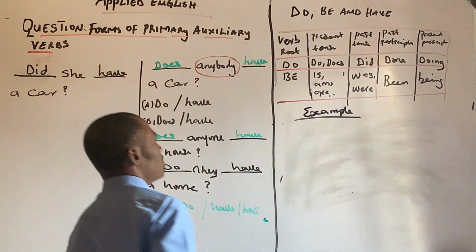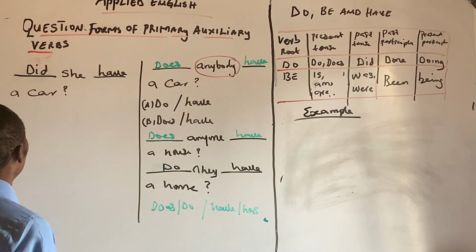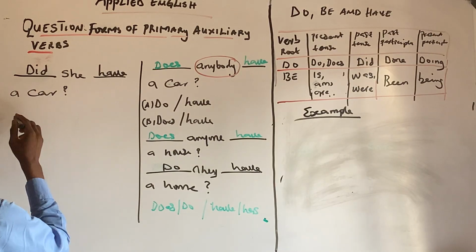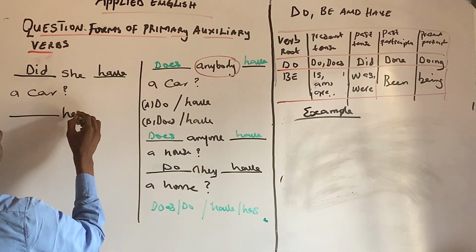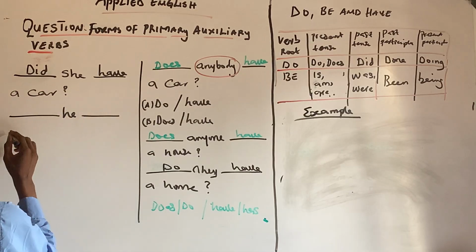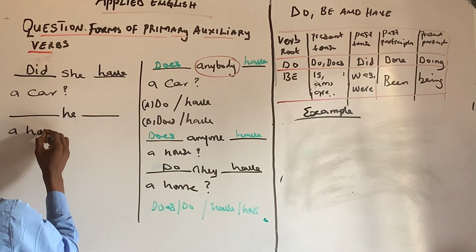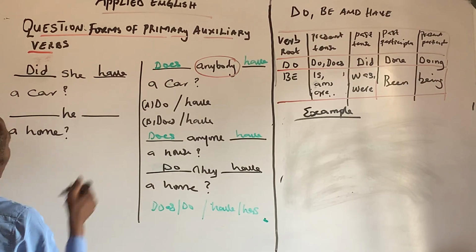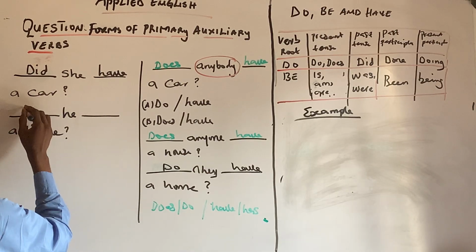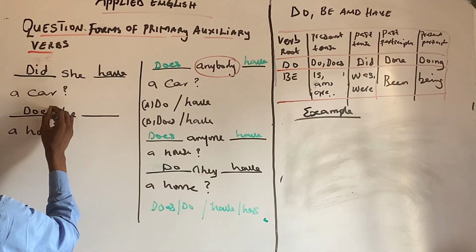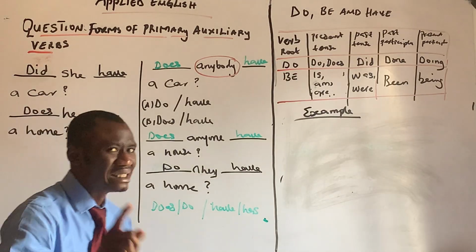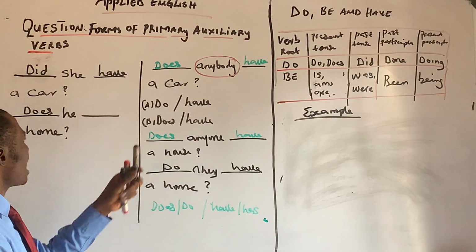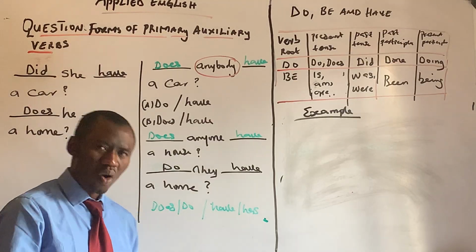Now, before we go to example 2, let me give you a question. You can get this answer for me. Dash, he, dash, a home. Then, what should be here? Does. Remember, if I use did, it will be past tense. Does he dash a home? Is it has a home or have a home?